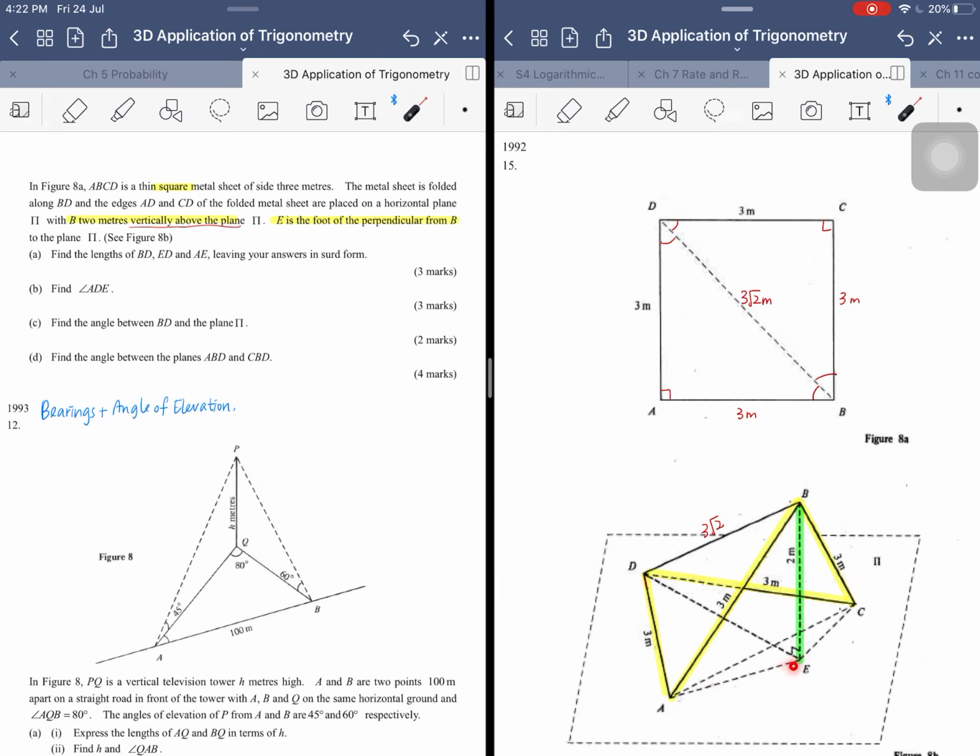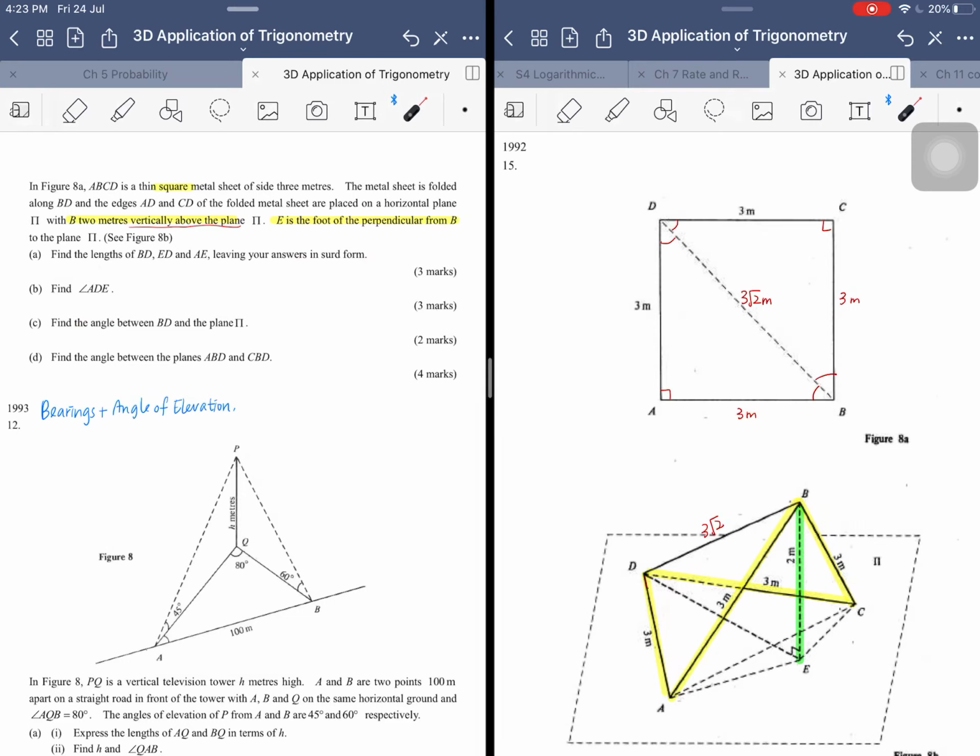So how can you find AE without an angle in this triangle? Then it might not be considering triangle ADE. We have enough information here actually. We know AB, we know BE. How can we find AE? Do you remember what I said about BE? Okay, so you should have enough information. And leave your answers in surd form, okay?